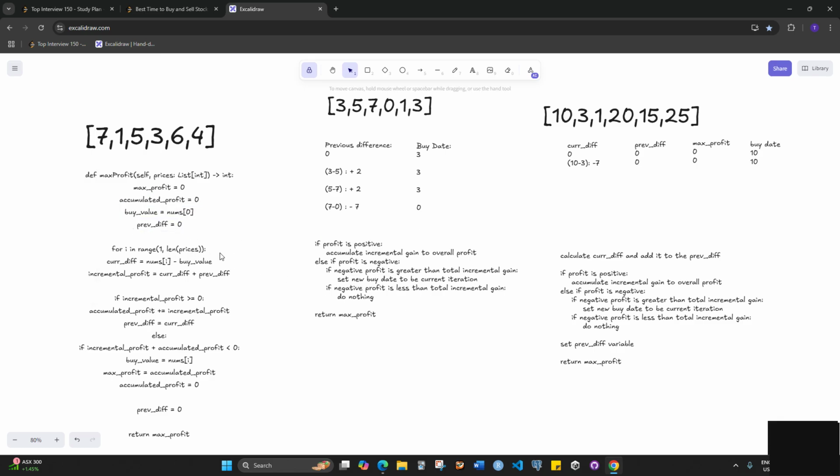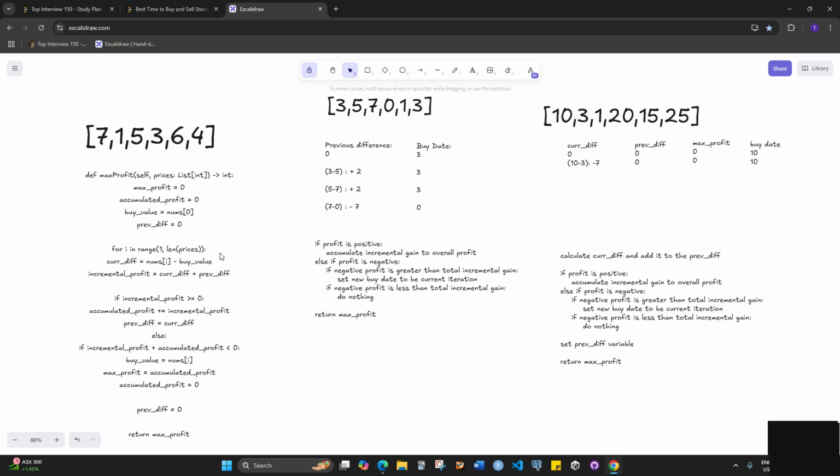It's going to be -6 and then -6. It checks -6 plus previous diff, which is 0, which gives -6 for the previous diff.